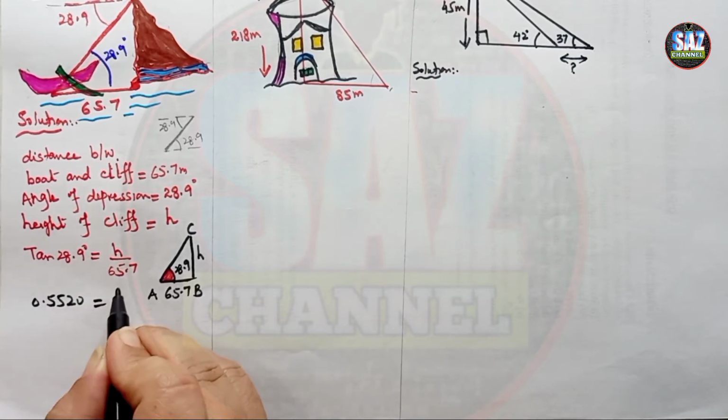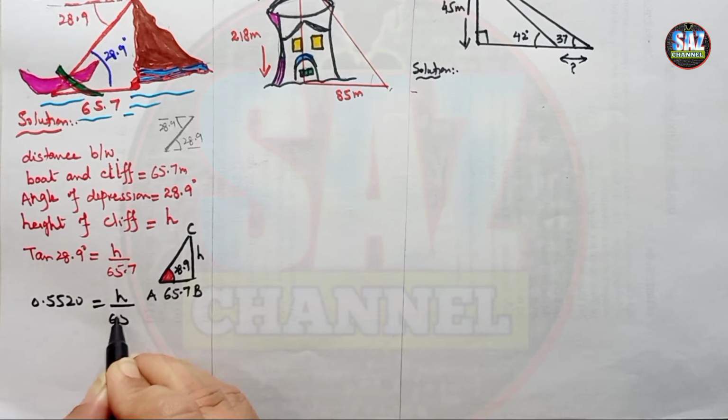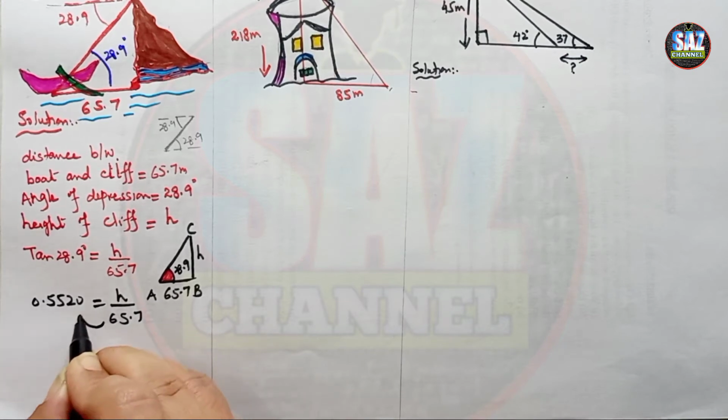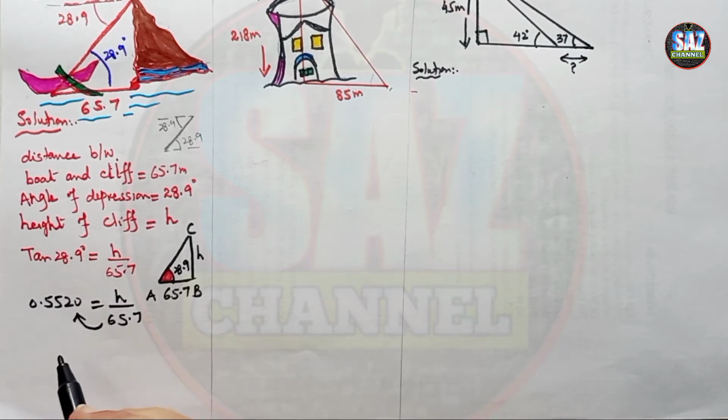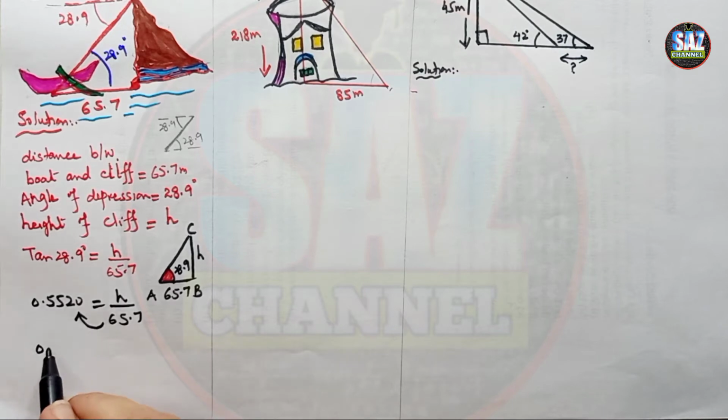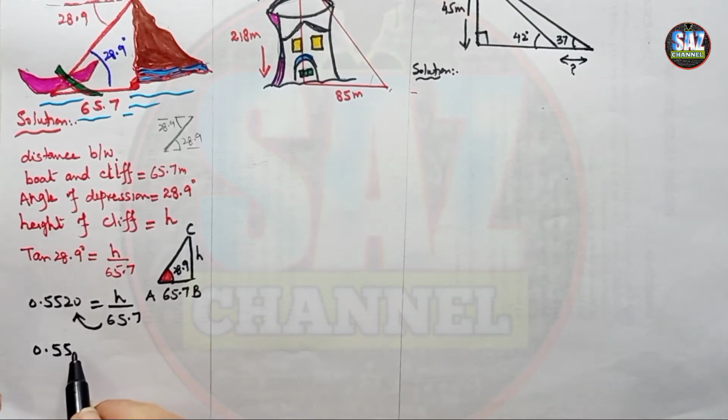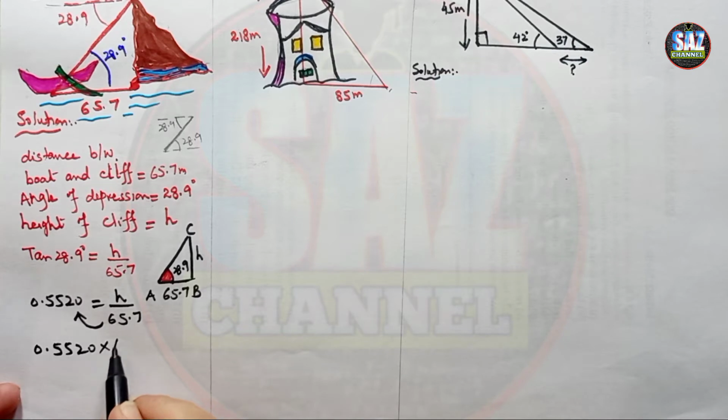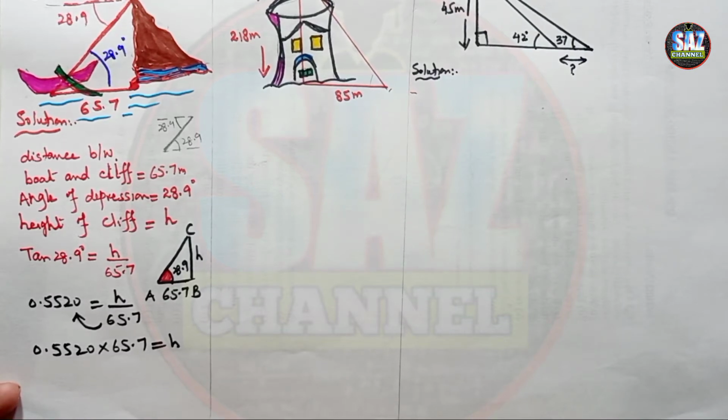So 0.5520 equals h upon 65.7. Now go for cross multiplication and the equation will take the form 0.5520 multiplied by 65.7 equals h.